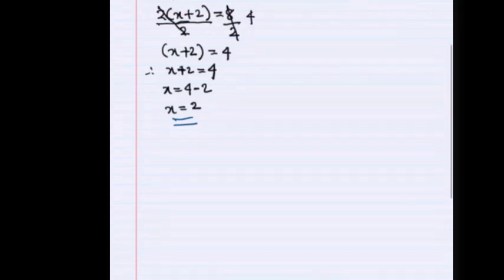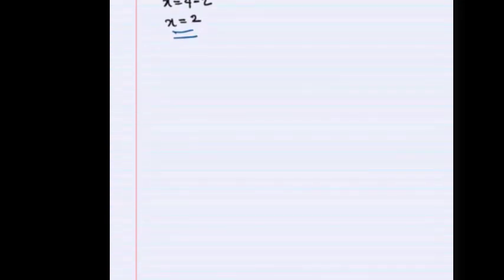Let me write the equation again here. We have 2(x plus 2) equal to 8. In mathematics, we usually have one formula they call BODMAS.